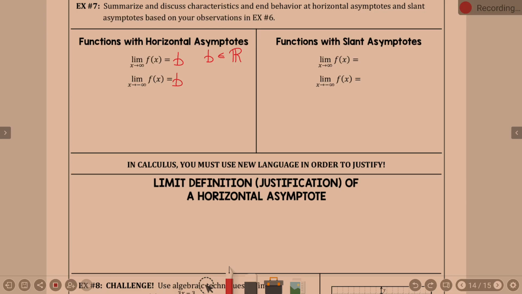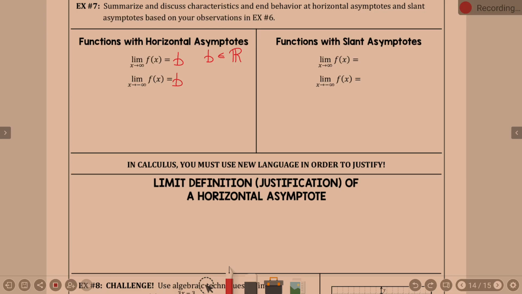That funky R, we used that somewhere, didn't we? It looks familiar. Okay, well, that fancy R represents real numbers. So that's saying B is a member of the reals.